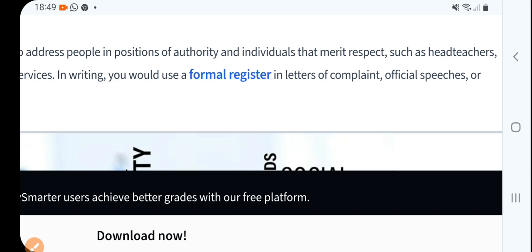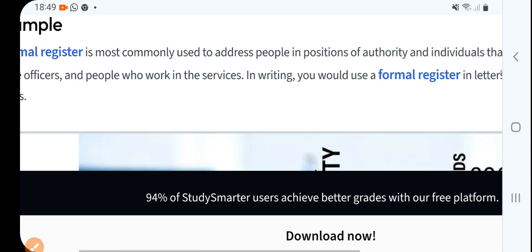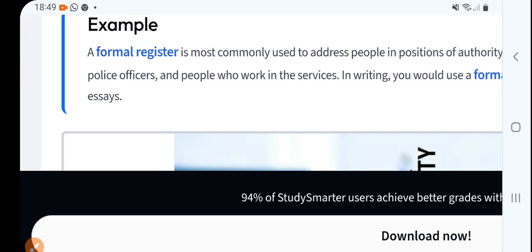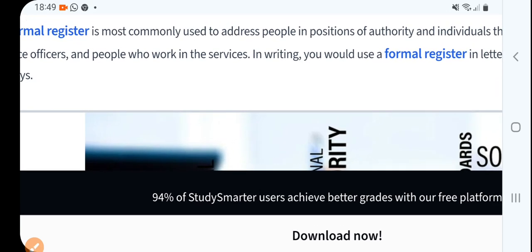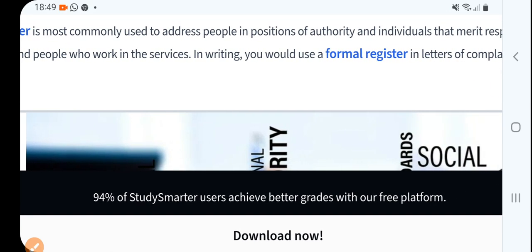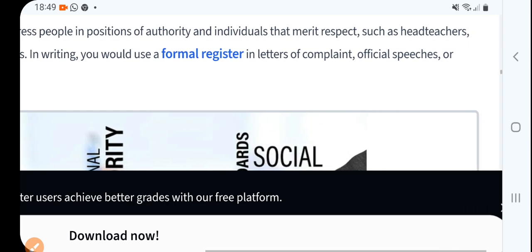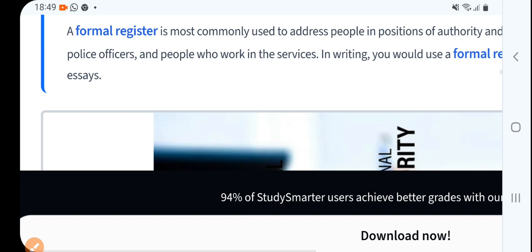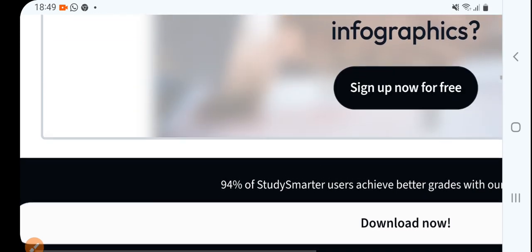When we talk to a boss, we show respect, such as head teachers, the HOD, head of the department, police officers, and public servants. In writing, you would use formal register in letters of complaint, official speeches, and essays, right? So that is formal register: formal situations, formal letters, and every formal situation, we use formal register, right?